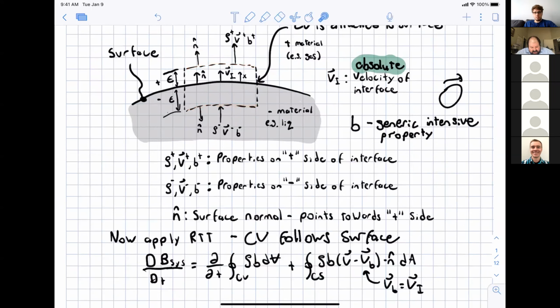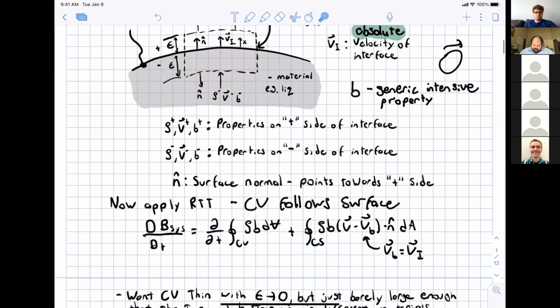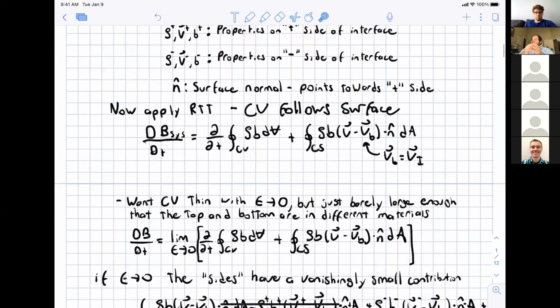Even though epsilon is non-zero, as the surface recedes and moves down due to evaporation or combustion of a propellant, this control volume will maintain its exact shape as long as the surface doesn't change its shape, and it will move down with it. Are there any other questions?